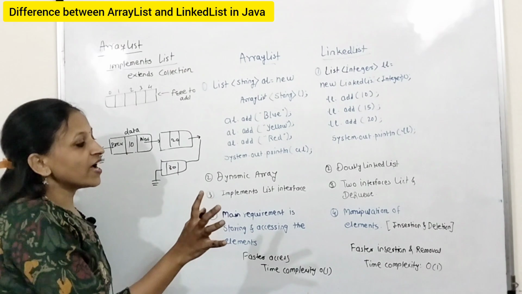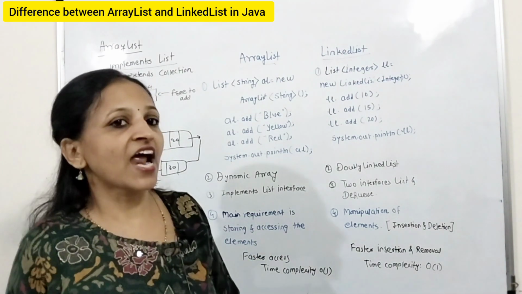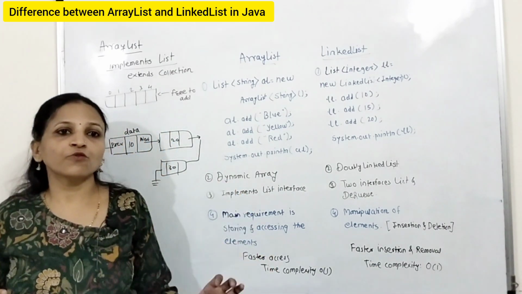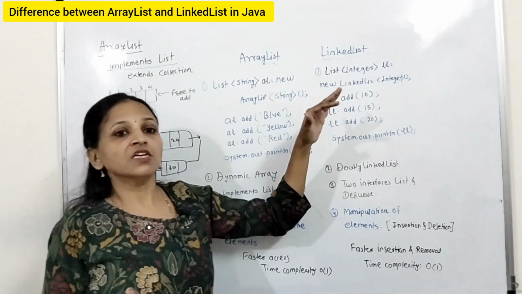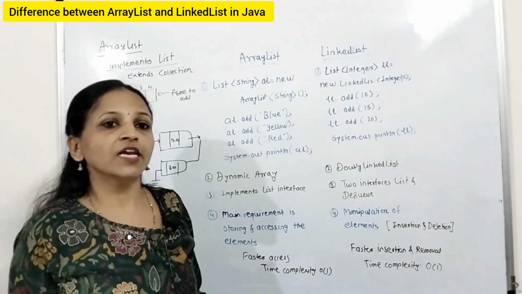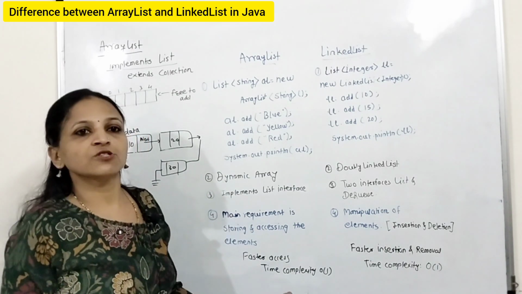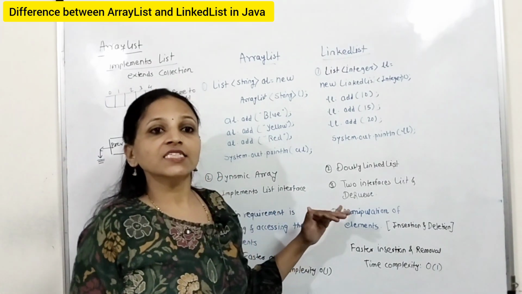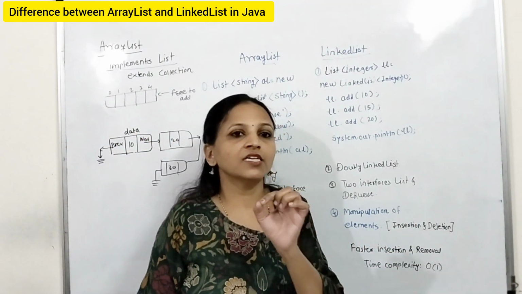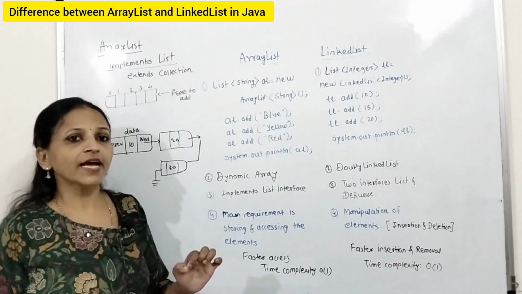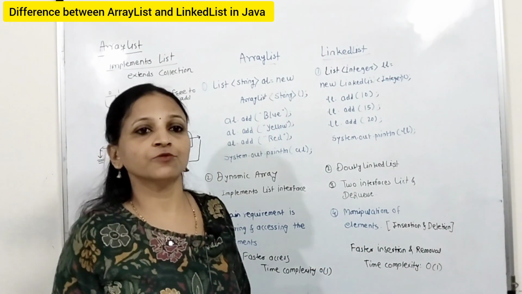Okay, that's why if your main requirement is only storing, traversing or accessing random elements, then you have to go for array list. This is the best choice. And if you want to insert or remove elements, means manipulation is more, in that case go for linked list. That is the best choice, linked list is better than array list. Getting? If you want to do insertion and deletion, go for linked list, because it is faster in insertion and removal of elements.